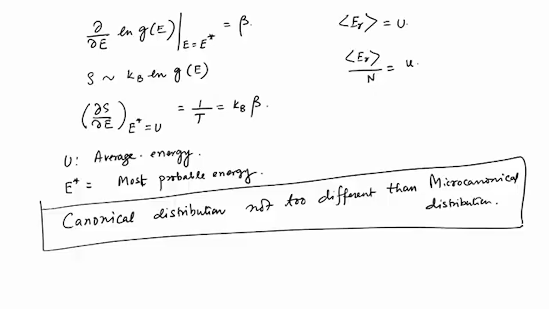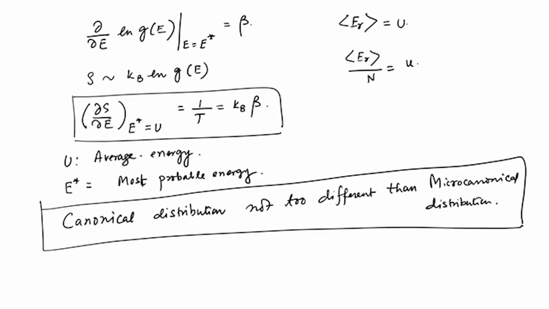However, that gives you a distribution which is very sharply peaked, and where the most probable value for energy of that distribution is the same as the average value. And we make that statement through this equation, which tells you that you get 1 over T as the definition from del S del E, and that occurs at E equal to E star, which we know as the average energy.